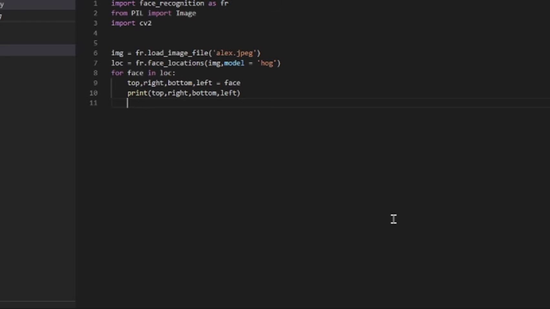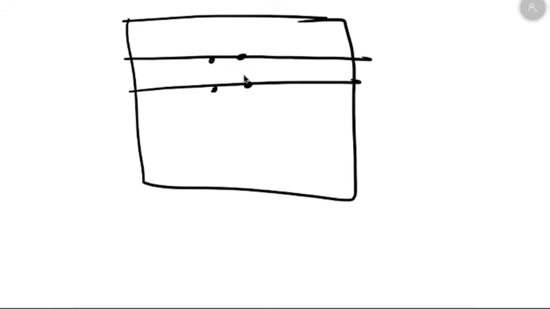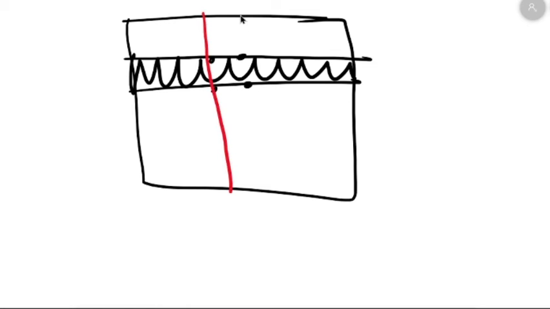If your image basics are clear, if you're following previous videos, an image is a matrix. So you have to select from top to bottom, that means these pixels, and from left to right, that means these pixels.